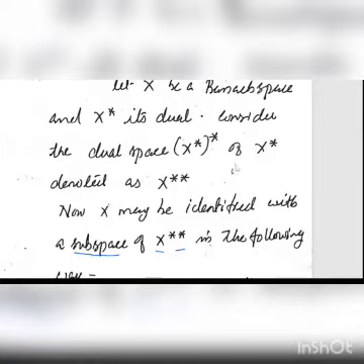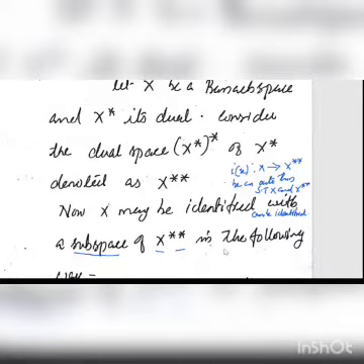Or they can ask like this also: let I_x from X to X star star be an onto function, then show that X and X double star can be identified.